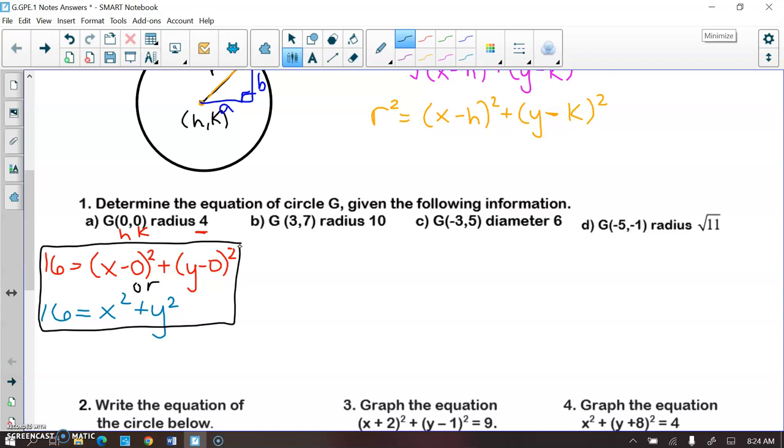For the next one, same thing. Our radius squared is 100. Our center of our circle is (h, k). So 100 is equal to x minus 3 squared plus y minus 7 squared.